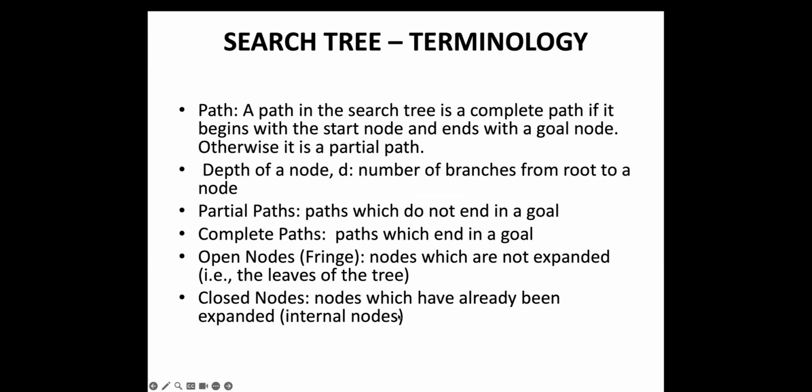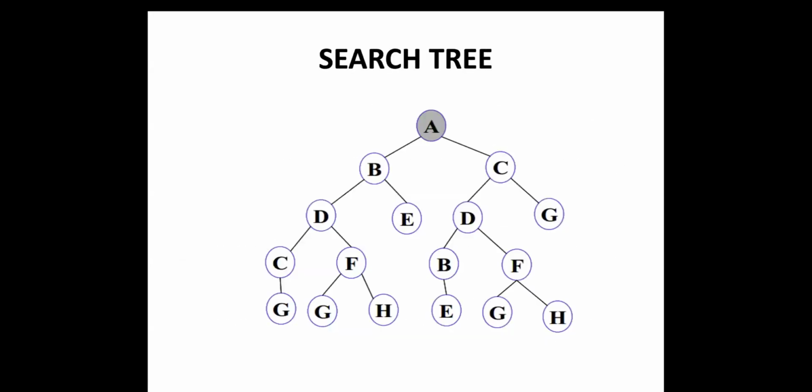Closed nodes are those nodes which have already been expanded, the internal nodes. For example, from A, I can go to B and C. Then when I move to B, I can go to D and E. From C, I can go to D and G. Now, A has already been expanded.